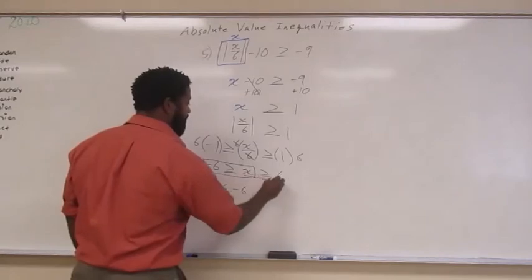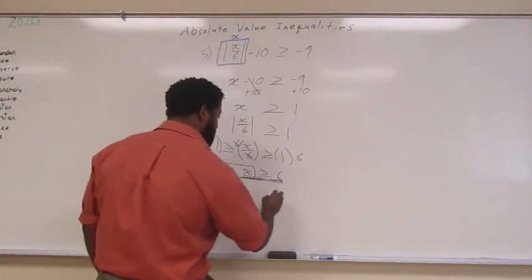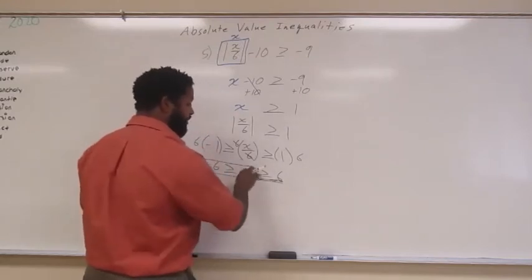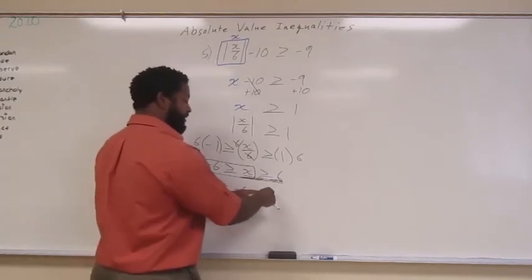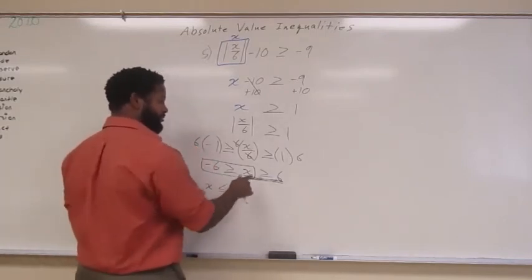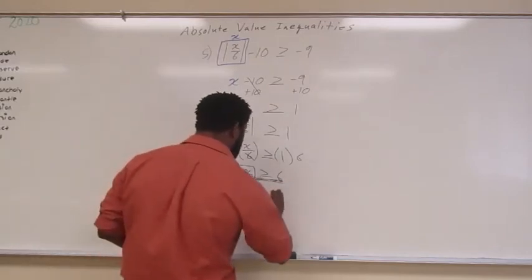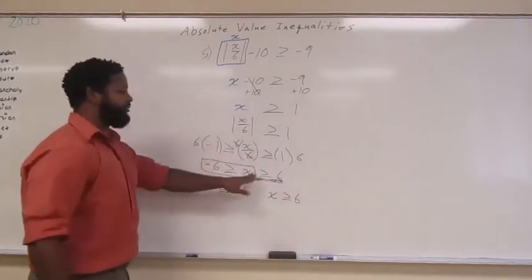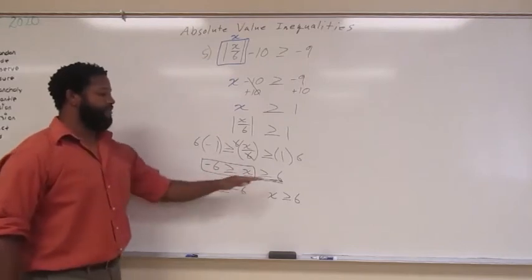And then this part right here, we just bring it down. X is greater than or equal to 6. Okay? Keep that part the same. Flip this part in the box, keep that part the same.